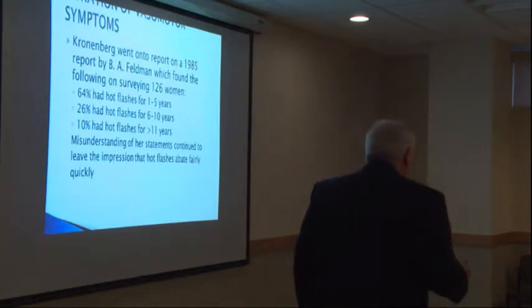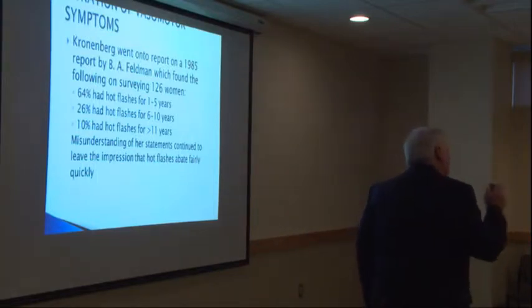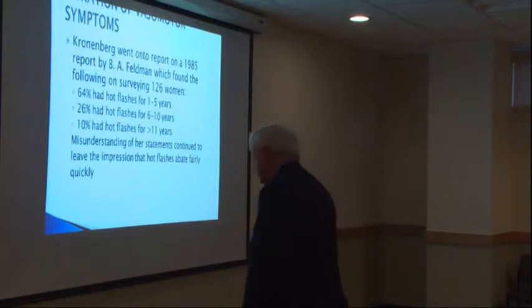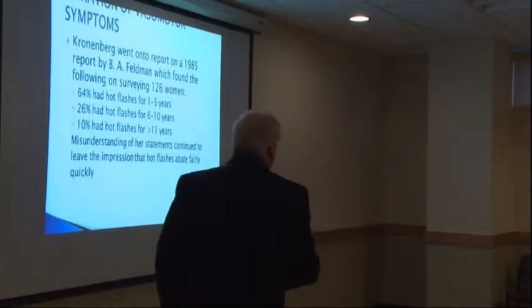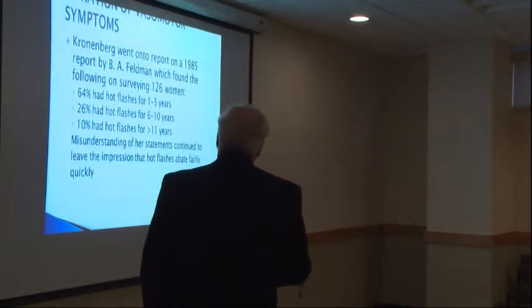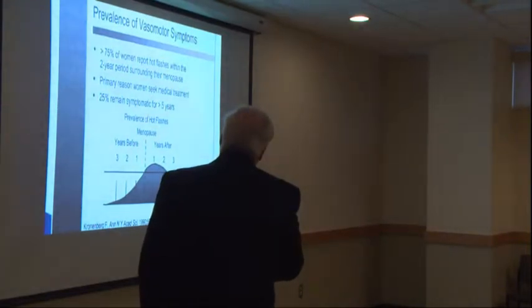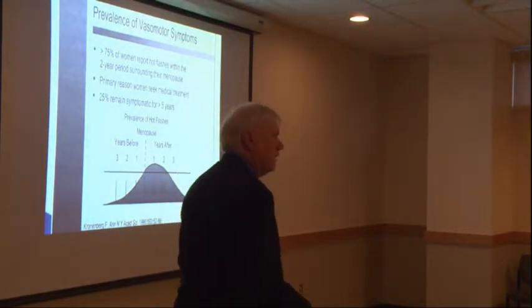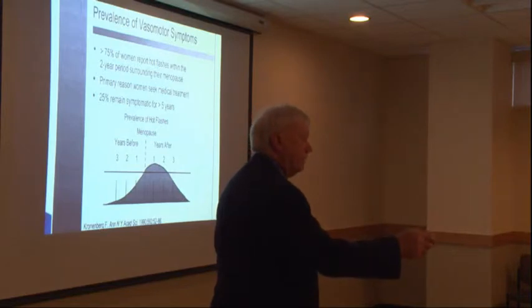What I want you to do with the next slide is look at the graph, not the writing. When we saw the report from this particular lecture, right here, it peaks 1 year after menopause, starting about 1 to 2 years before, and within 3 years, a definite decline. But wait a minute.